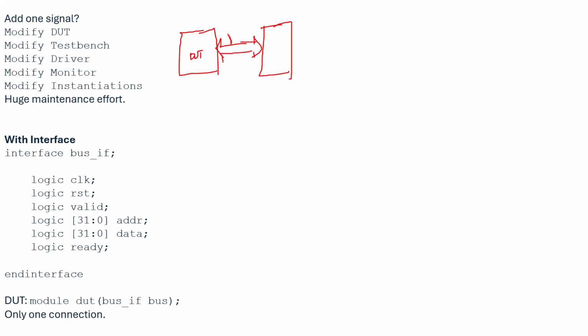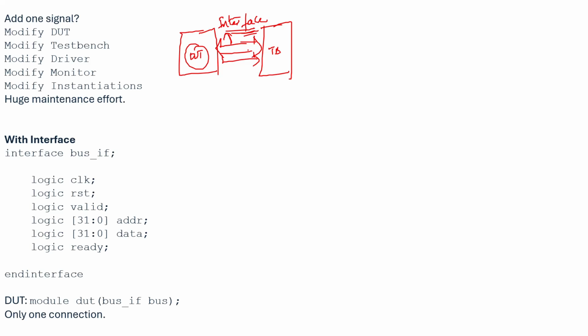So this is the interface, and the interface communicates with the test bench. All the DUT signals are there in your interface, and they are passed to the test bench. The test bench gives the inputs and the DUT gives the outputs.